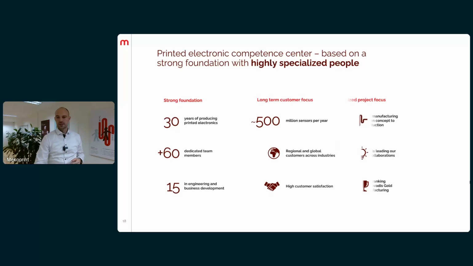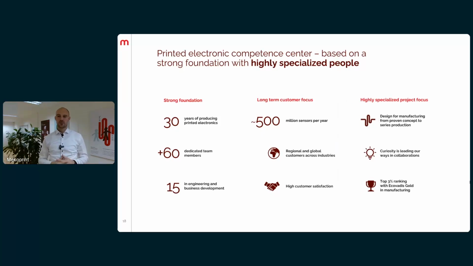Having said that, all projects are of course individual, and each sensor is customized for every project and every customer. And to support that in the best possible way, one of our core values here at MikroPrint is to be curious. We want to be curious together with our customers and partners, because that enables us to have the best understanding on both sides.